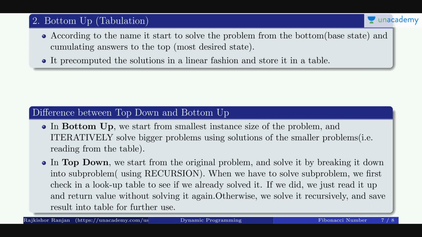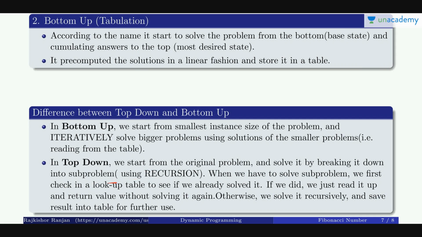Now let's have a look at the difference between top-down and bottom-up. In the bottom-up approach, we start from the smallest instance size of the problem and iteratively solve bigger problems using the solutions of the smaller problems. But in the top-down method, we start from the original problem and solve it by breaking it down into subproblems.